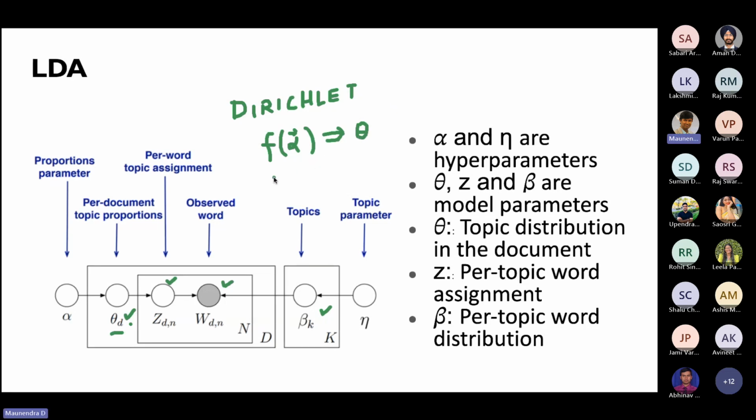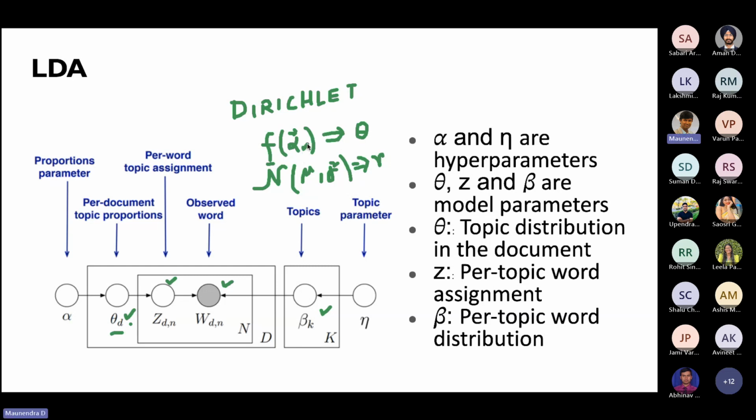Just like in the case of the normal distribution, you provide mean and variance or standard deviation, and it gives you some real number. Similar to that. Now there are two cases where we need these probability vectors. One is theta d, another is beta k. Even for this distribution there is some parameter.